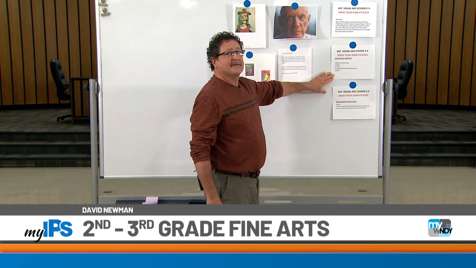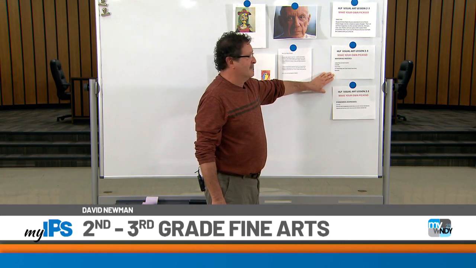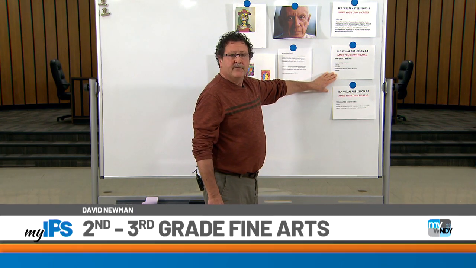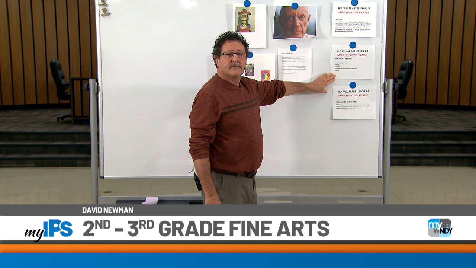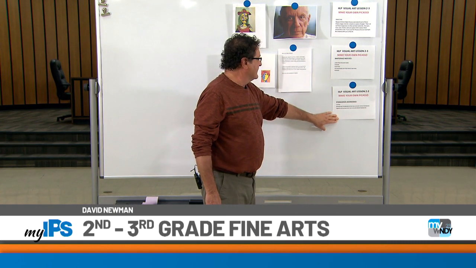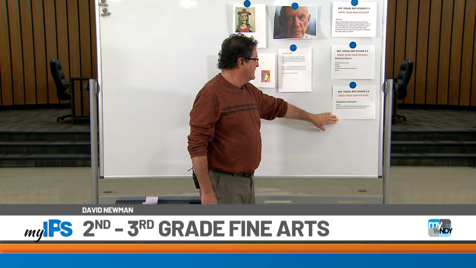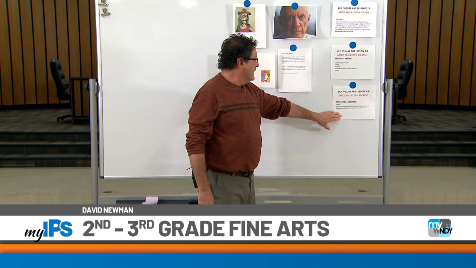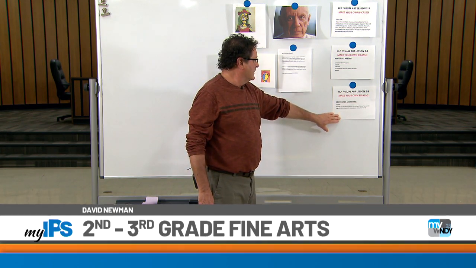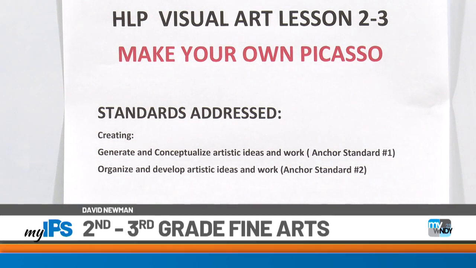So make sure it's not something that somebody wants to save. And markers or other materials like crayons, all right? Here are the standards we're addressing: creating, generating artistic ideas and work, and organizing and developing artistic ideas, okay?